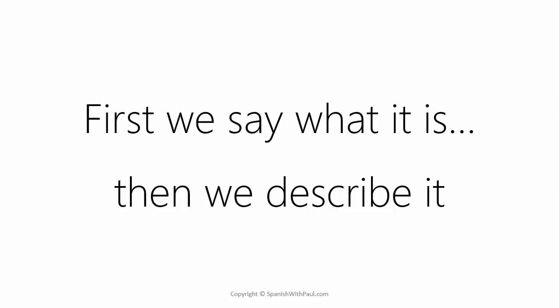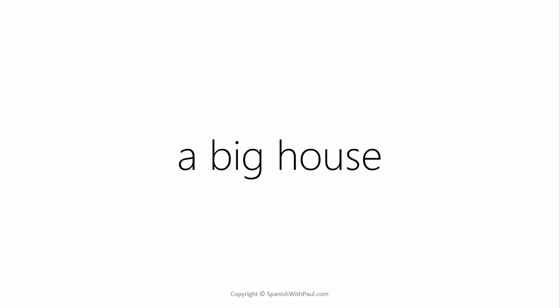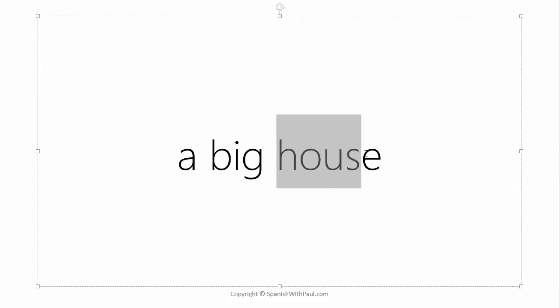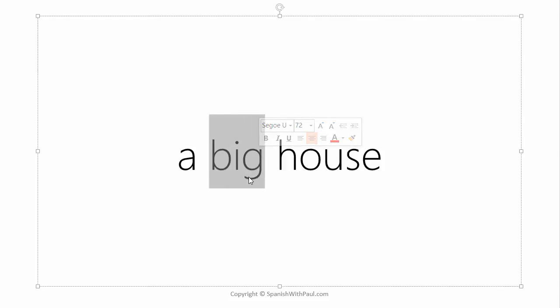As a very simple example, in English, we would typically say a big house, where in Spanish, they would say a house big. So let's break it down here. First, this is the thing, right? It's a house. That's what it is. And then we say some type of descriptive thing about it. So it's big, right? Could be small or red or whatever, but something descriptive about it.